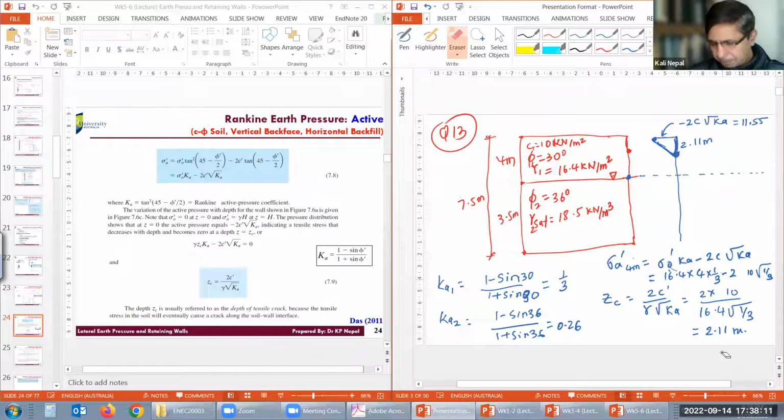16.4 times 4 times 1/3, take away 2c' root 1/3. It should be positive because the tensile crack is already there, so I need to get that value.